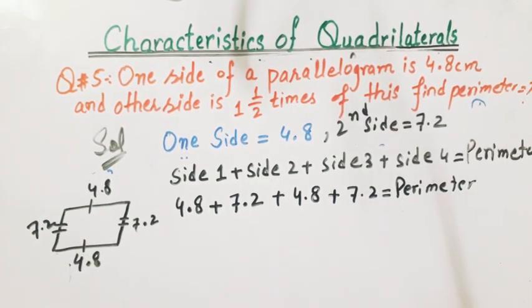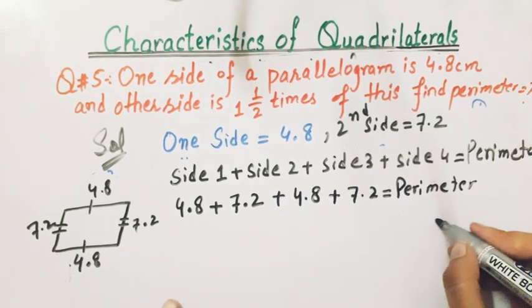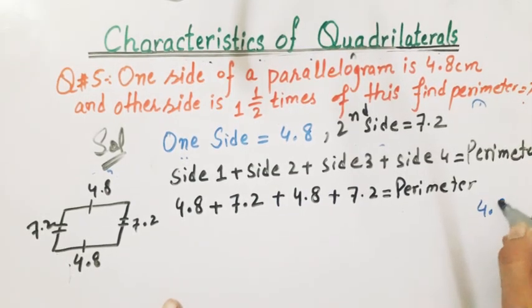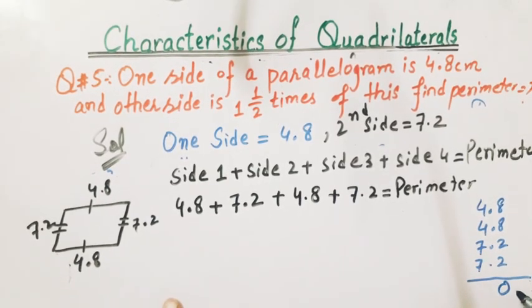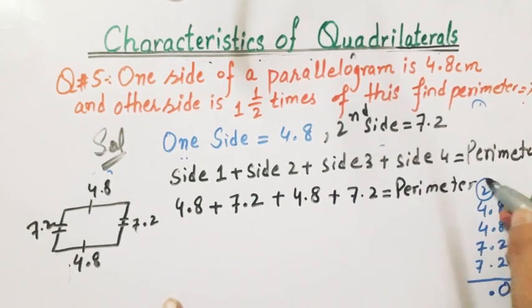So we will add them. Add these four quantities: 4.8, 4.8, 7.2, 7.2. So 8 plus 8 is 16. 16 plus 2 is 18. 18 plus 2 is 20. So 0, there is 0, then decimal, and 2 is carry. 4 plus 4 is 8. 8 plus 2 is 10.